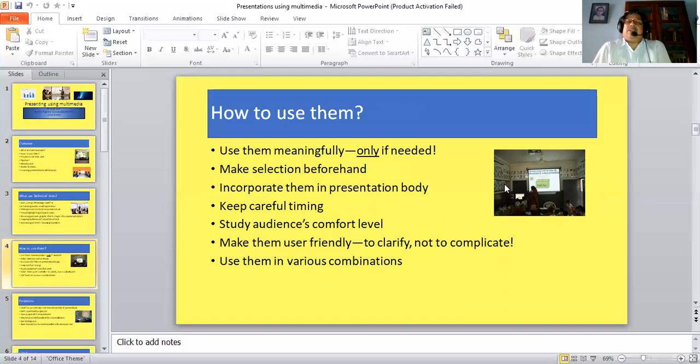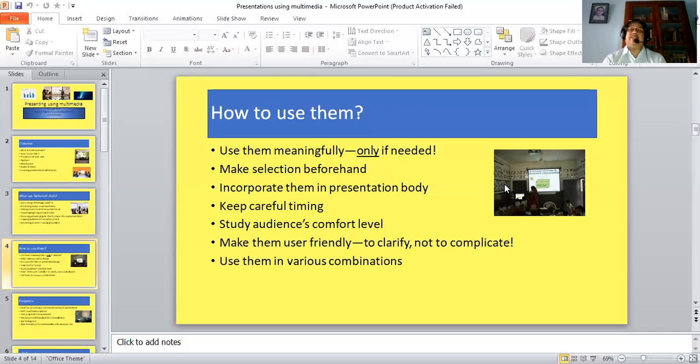Now, what is important about the usage of technology is that if you are using digital media at all, or if you are using multimedia at all in creating your presentation or in creating the slides rather, then it is important that you choose what kind of technology you are going to use and make yourself conversant with its operations and that you familiarize yourself with this technology beforehand.